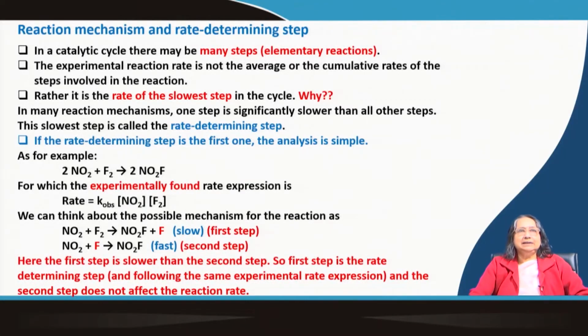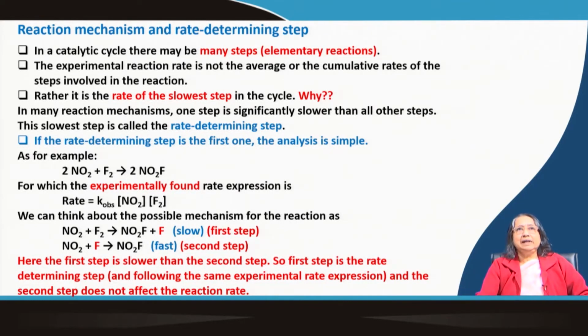Now, reaction mechanism and the rate determining step is a very important thing, and I will tell you about it. In a catalytic cycle there may be many steps. I already told you that in any reaction there are many steps, called elementary reactions.